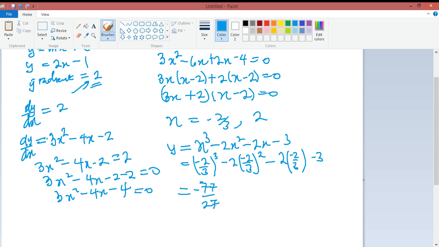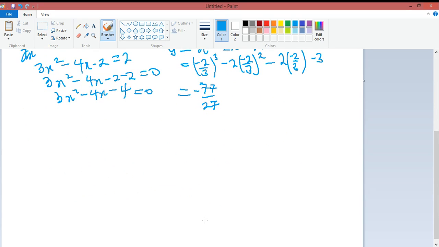So that is one coordinate. And x is equal to minus 2 over 3. The coordinate is minus 2 over 3, comma, minus 77 over 27.